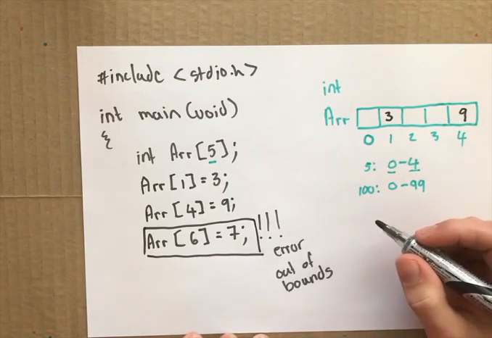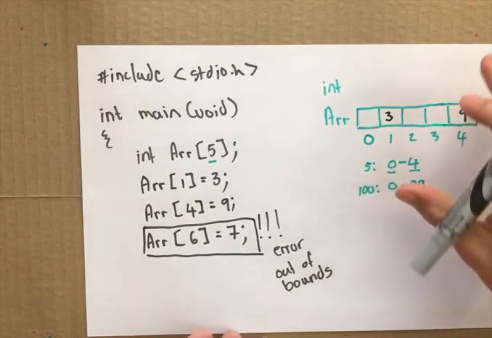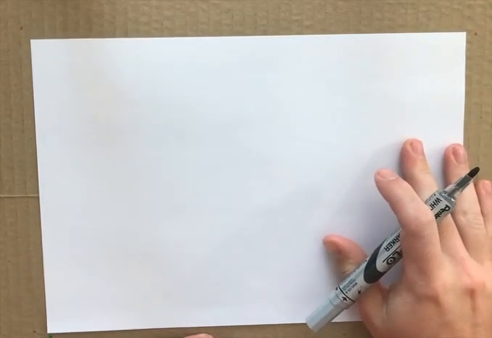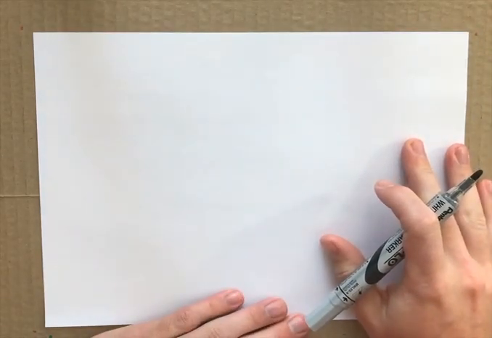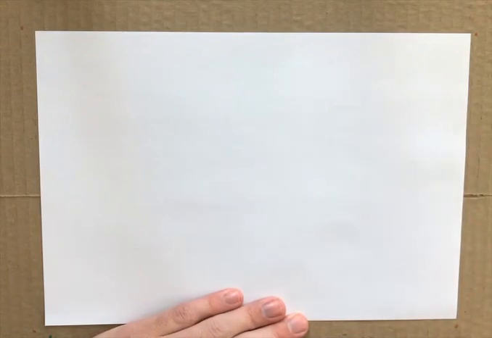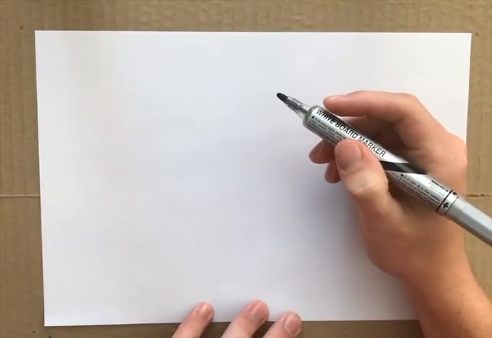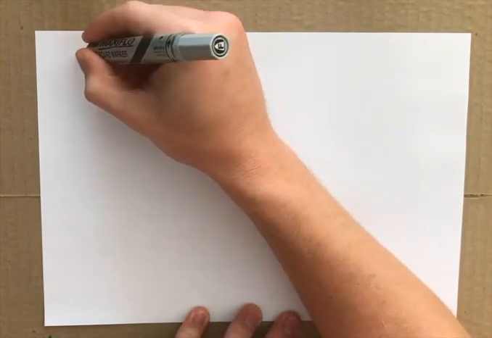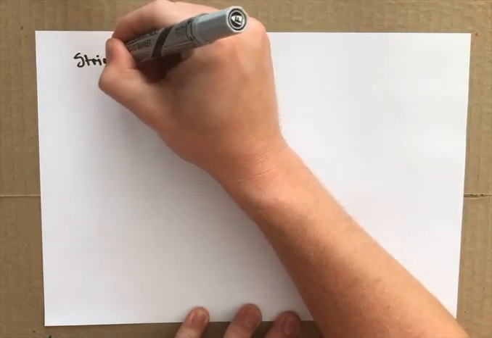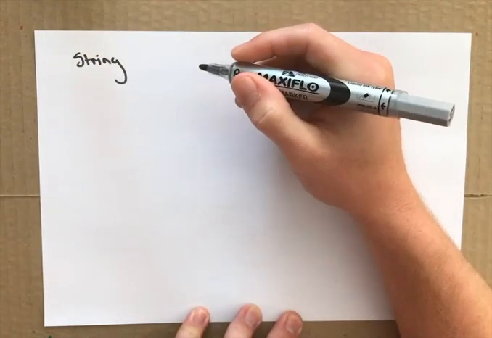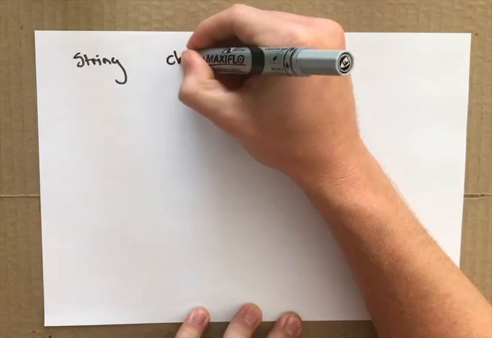Okay, that's the basics of a normal array. After that, in your textbook you will see there's a subsection called strings. Now what's a string? A string is a collection of characters.